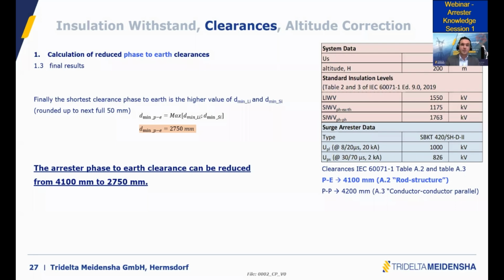So we have the possibility to reduce the clearance originally recommended of 4.1 meters to a value of 2.75 meters. This is a significant improvement.